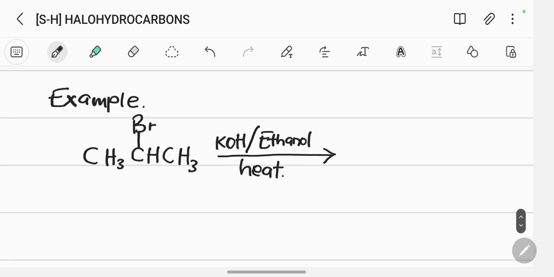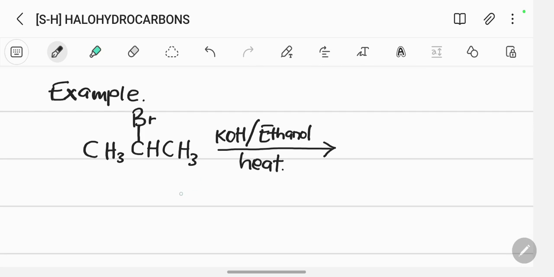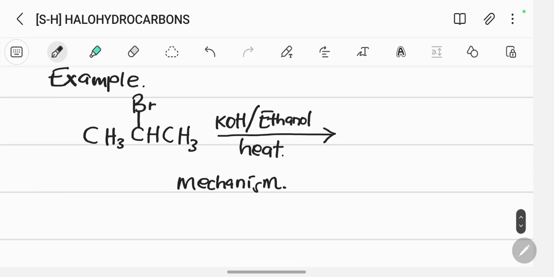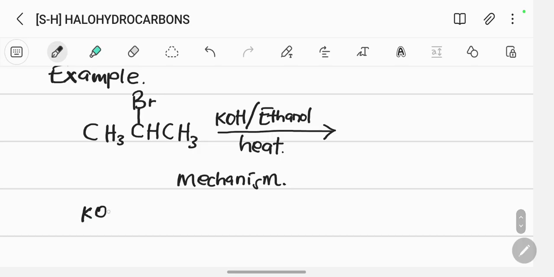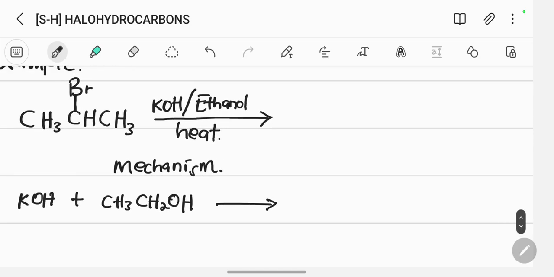So from our mechanism, I'm going to generate the answer. From our mechanism it's always the alcohol to react with the base, CH3CH2OH, giving us CH3CH2OK, potassium, plus water.